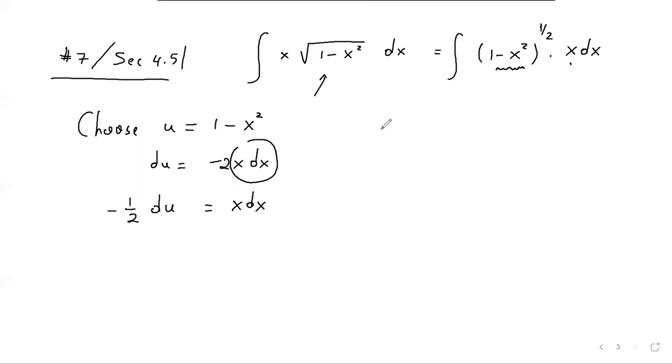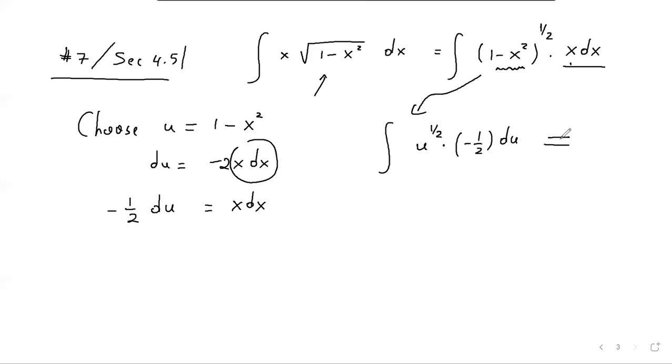So what we get here, folks, is the integral of u to the 1/2 times x dx, which is just negative 1/2 du.